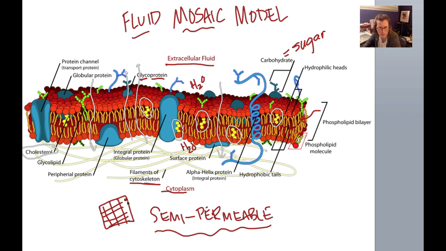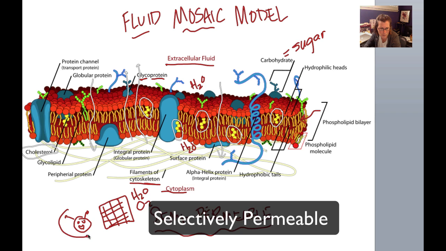I'm going to open up my window, and of course I might get some water coming through if it rains. I certainly will get some air coming through, but I hopefully won't get any scary bugs. And I don't want any bugs in, so I put these screens on the windows, and hopefully they won't come in. So it's selectively permeable. I'm hoping that only certain gases and liquids will get through. So the membrane is selectively permeable.